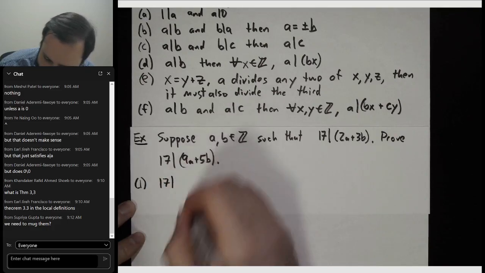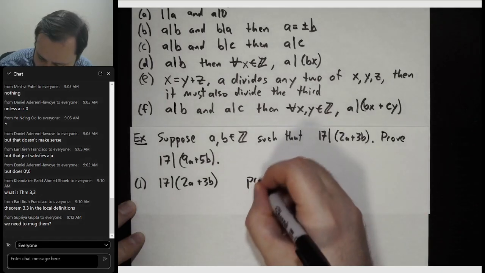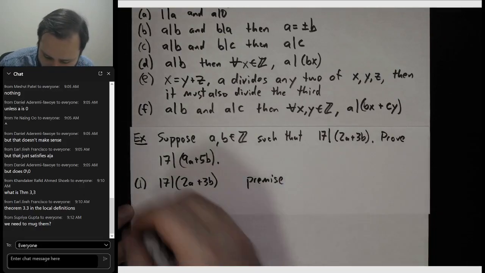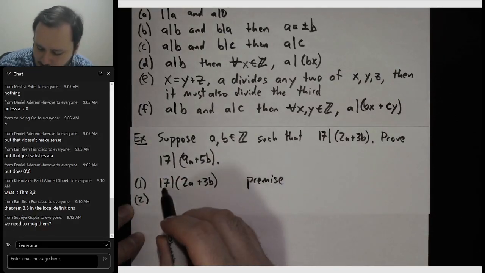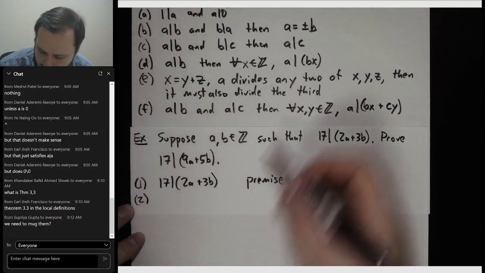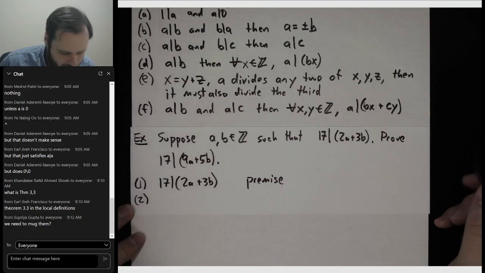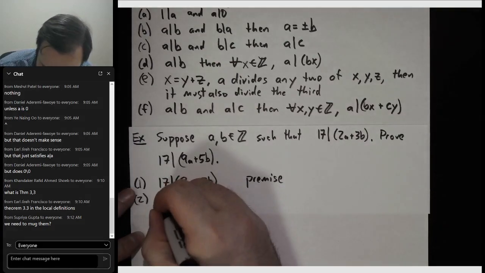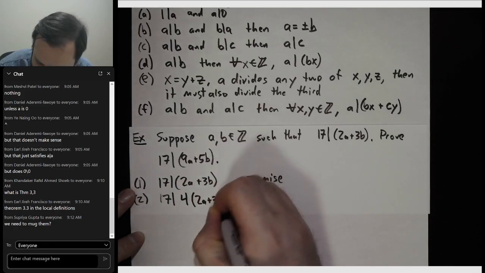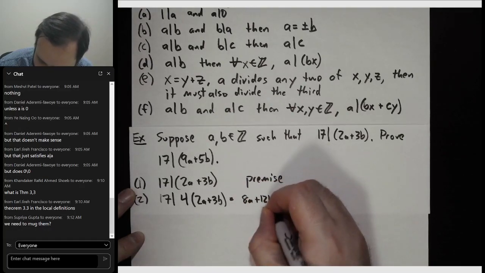So I know that 17 divides 2a plus 3b, because that's a premise. And now, what can I do? Well, I know that means 17 also divides multiples of 2a plus 3b because of theorem 3.3 part D. And the one that ends up being important is 17 divides 4 times 2a plus 3b, which is equal to 8a plus 12b.